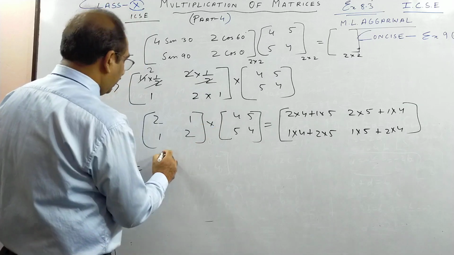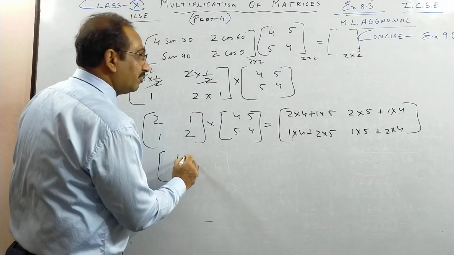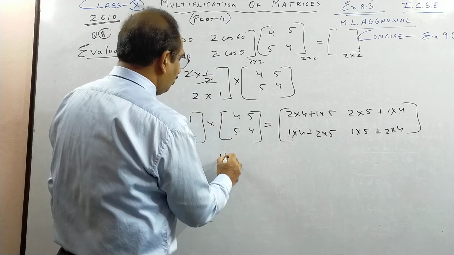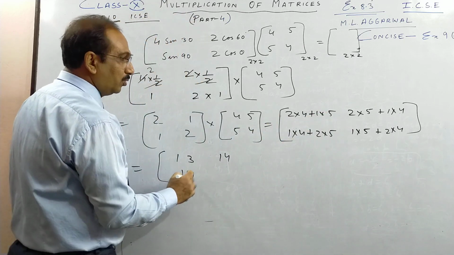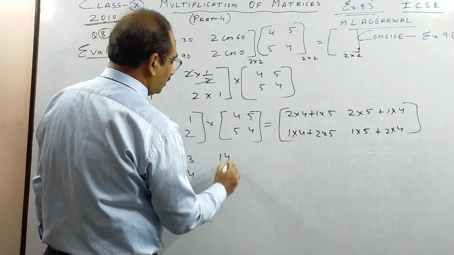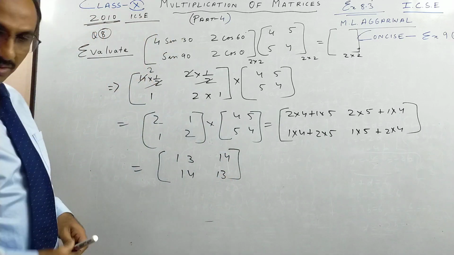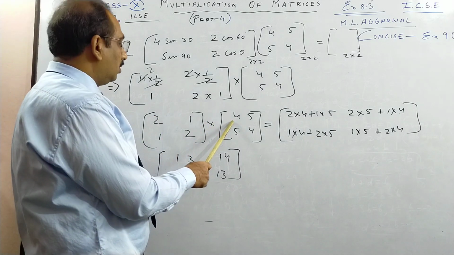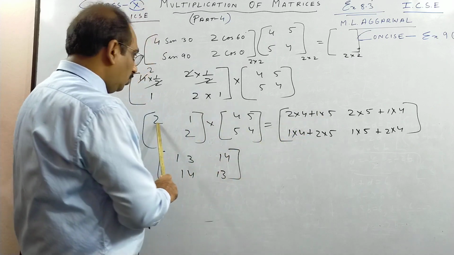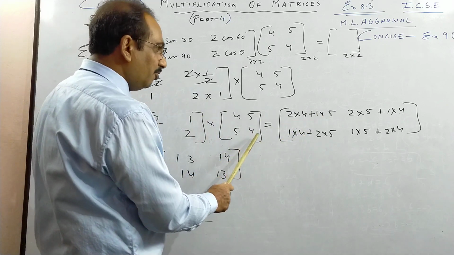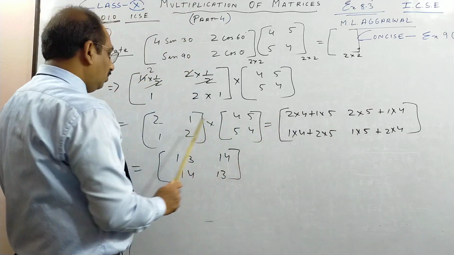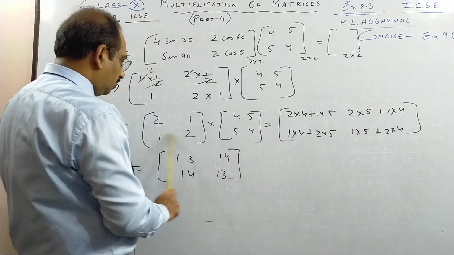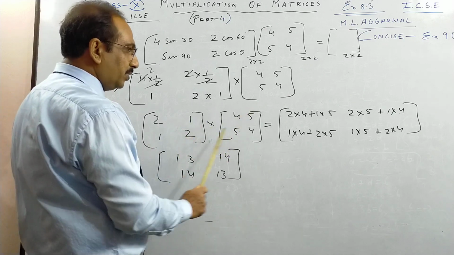So we get 8 plus 5, 13. This is 14, this is 14, and this is 13. So you see we have multiplied the two matrices: 2 into 4 plus 1 into 5, 2 into 5 plus 1 into 4, 1 into 4 plus 2 into 5, and 1 into 5 plus 2 into 4.